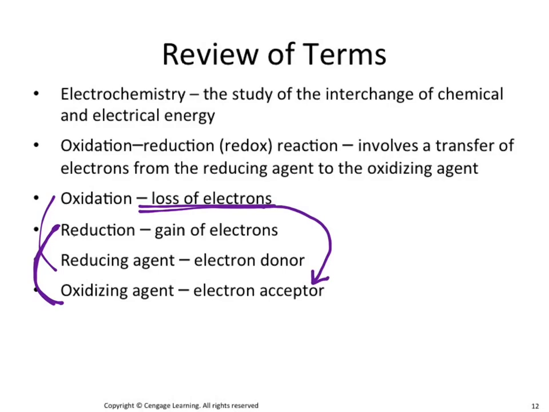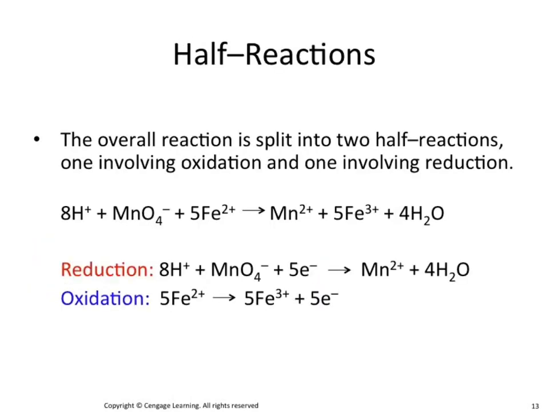So the loss of electrons goes to the oxidizing agent. If you're reduced, what is being reduced is taking those electrons in. So the reducing agent is donating those to the element that's taking the electrons in. Like I said, don't focus too much on the agents. Focus on the oxidation and the reduction.